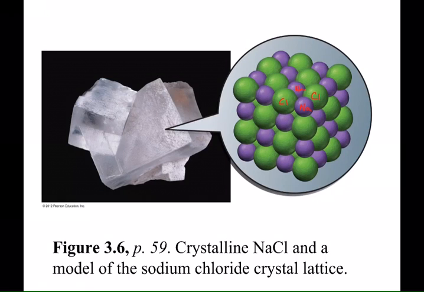We're going to talk more about this, but the Cl picks up an electron and becomes negatively charged, and the sodium gives up an electron and becomes positively charged. It's a stepwise process that allows for this chemical bond to be formed between the negatively charged chlorine and the positively charged sodium. I just want you to get a sense that this is an example of an ionic compound.